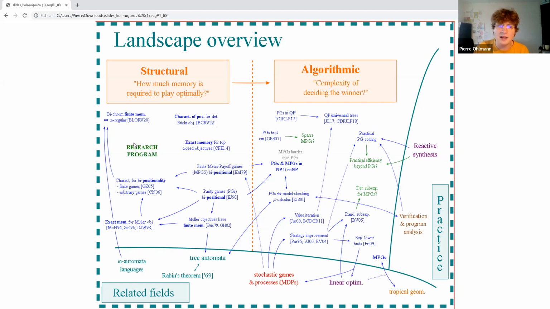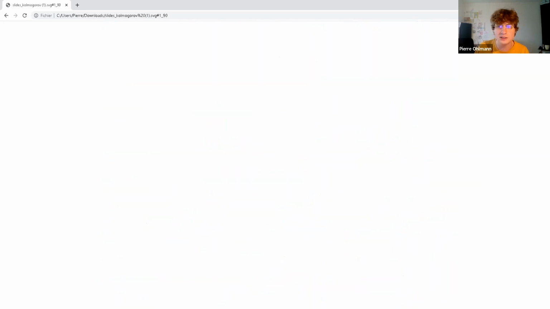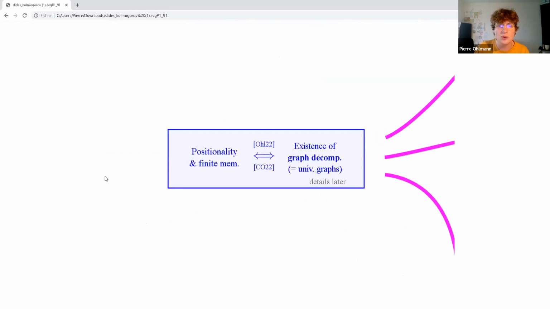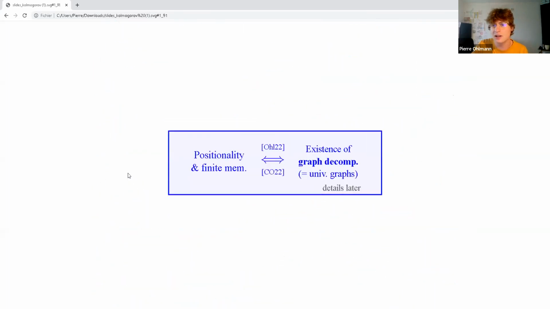And then this is the part where I would want to do research. I think there's a lot of structural open questions, and this was a slide to talk about some questions that are open. So let me do this slide quickly, and then we'll go to the real tools.